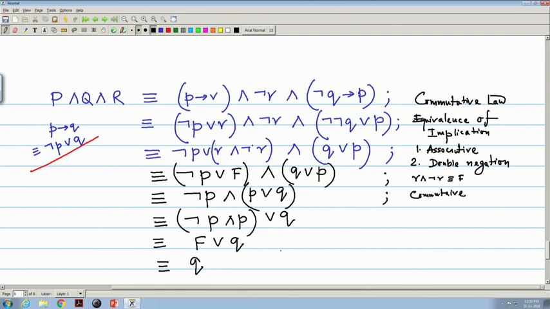So, our P, Q, R connected with conjunction implies small q, that is, it is valid.